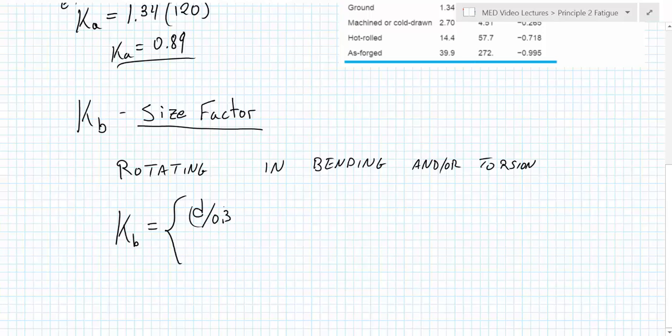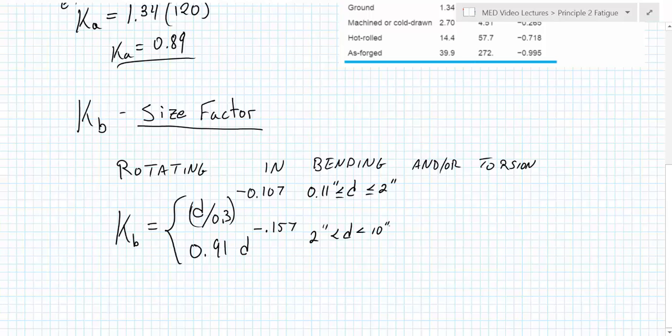For a rotating part in bending or torsion, the Kb is based on the diameter of the part we're discussing. If it's round and solid, the diameter is pretty straightforward. We take the diameter, divide by 0.3, and raise it to negative 0.107 for inches, and you can see the same thing for the metric scale on the right.